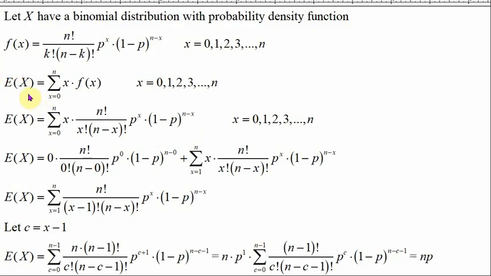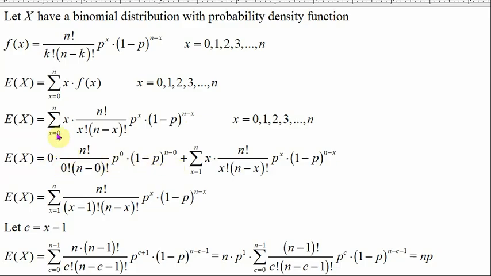And so the expected value is going to be the sum with x running from 0 to n with the expression x times f of x. This is f of x, the PDF. I'm going to write out the first term here.